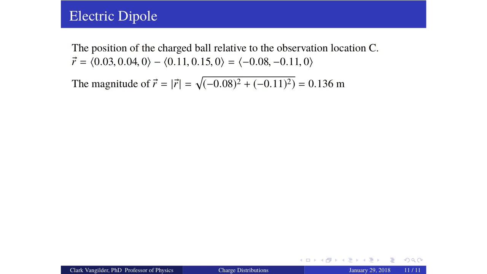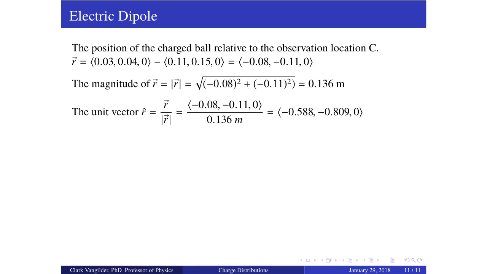Magnitude, dump those into here, and out you get a magnitude. Picture, you want a unit vector? Take the vector itself that we got from up here, divide it by its magnitude, each one of those parts, and you get a unit vector that looks like that.